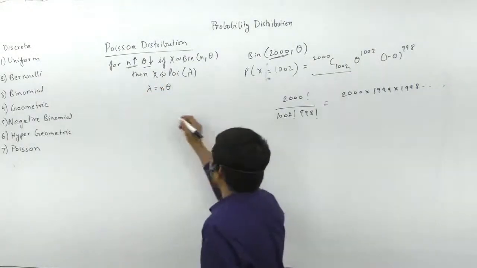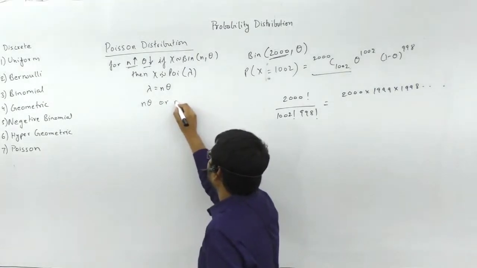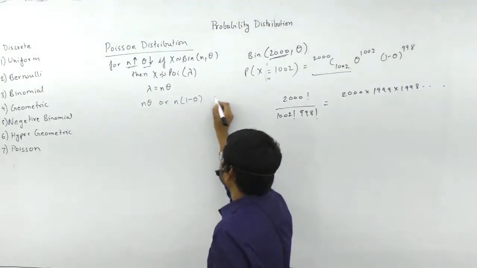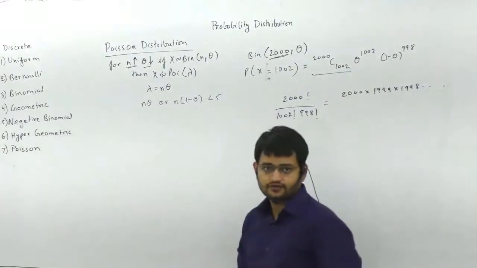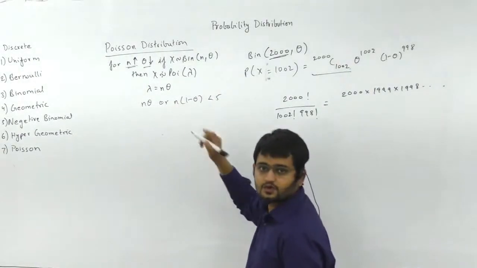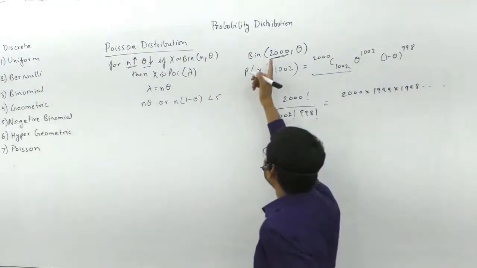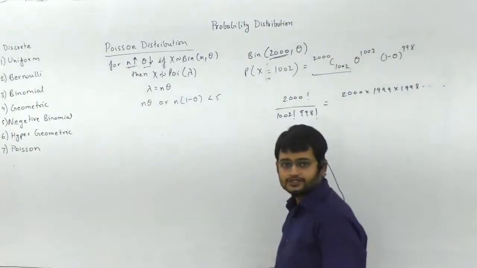We usually say if n theta or n(1 minus theta) is less than 5, and n is large, that is more than 100, then we can convert our binomial distribution into a Poisson distribution.